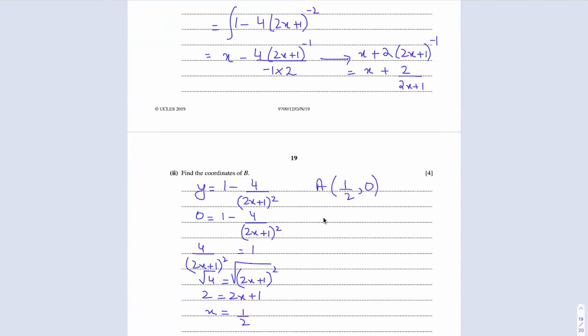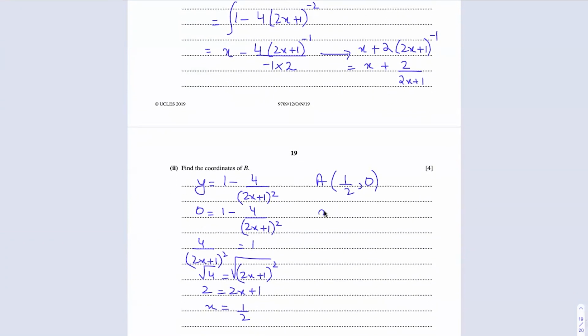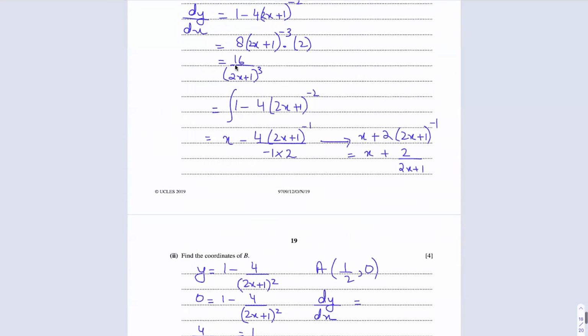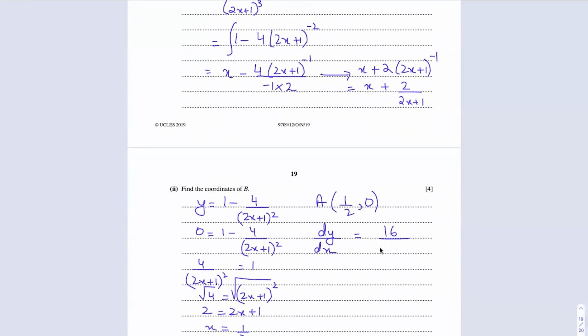Now first we'll find the gradient at point A and then we'll take the negative reciprocal, as B is on the normal at A. So dy/dx at point A, we know that dy/dx is 16 upon (2x plus 1) whole cube. So this will become 16 upon (2 into half plus 1) whole cube.